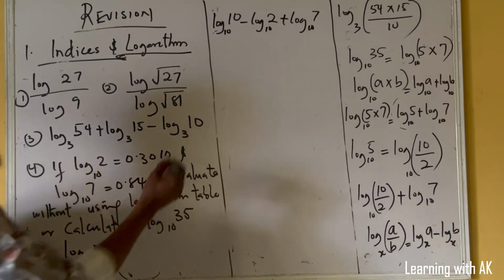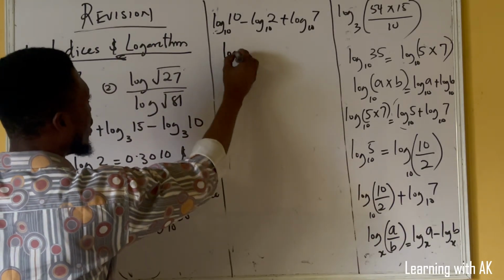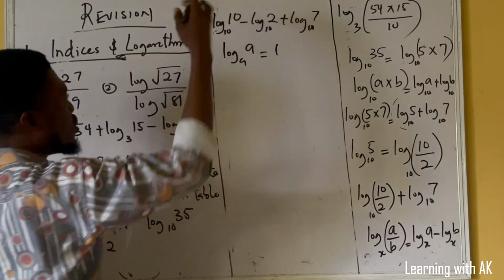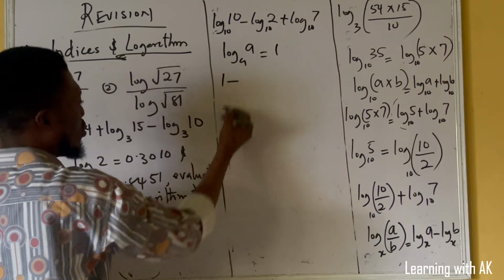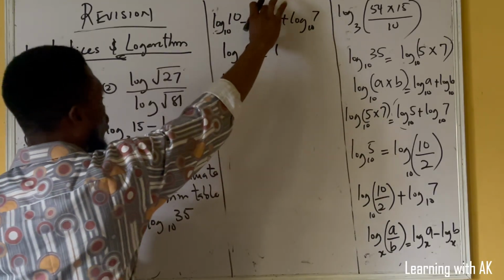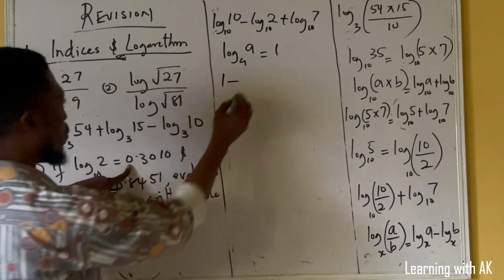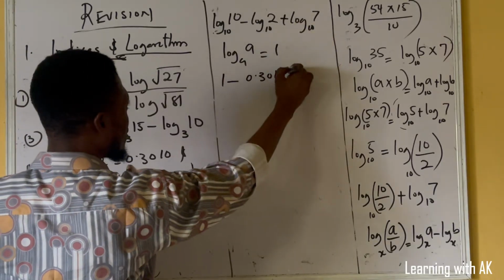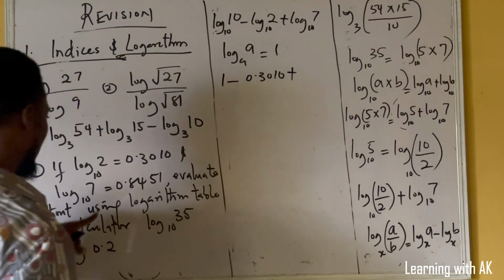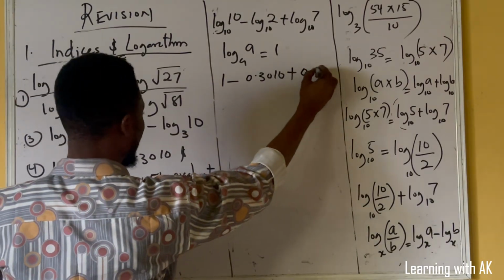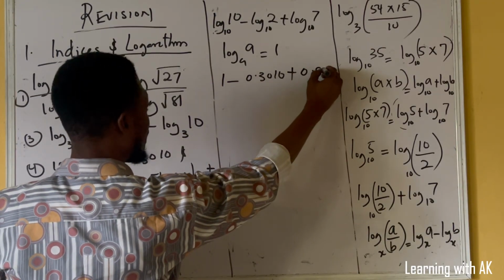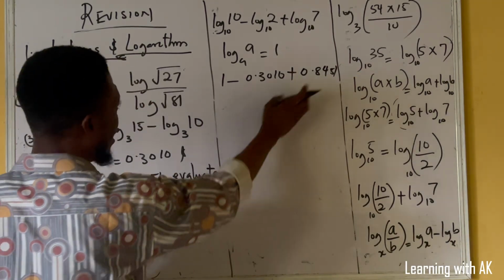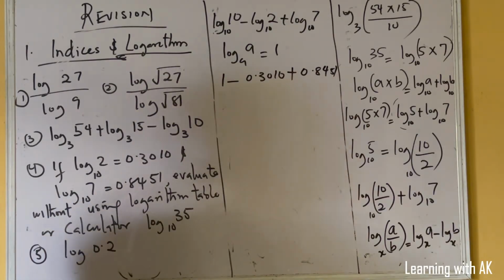Now don't forget again that the rule says that log a base a is equal to what? 1. Hence log 10 base 10 is equal to 1. So I have 1 minus, we are told already that log 2 base 10 is 0.3010 plus, and we are told that log 7 base 10 is 0.8451. Then you do this minus this, your answer plus that gives you your final answer.